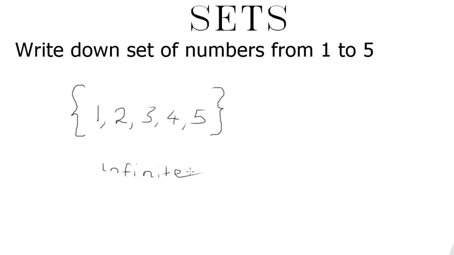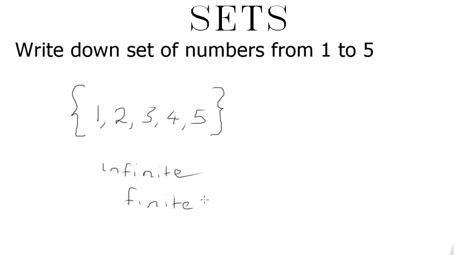And then there are some sets which are finite, which have a determined, standard number of elements. For example, numbers from 1 to 5. This one has a finite number of elements, which are 5: 1, 2, 3, 4, and 5.